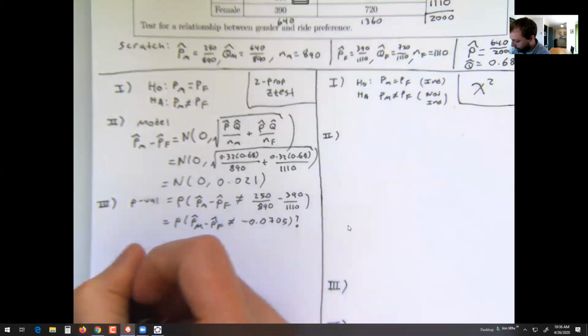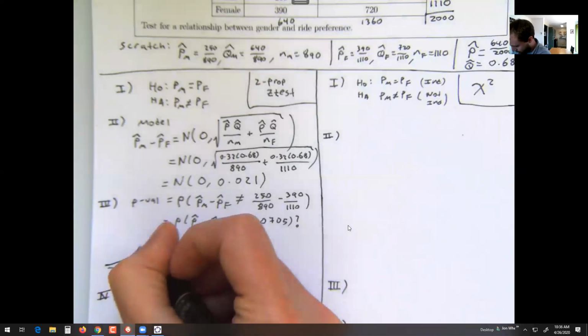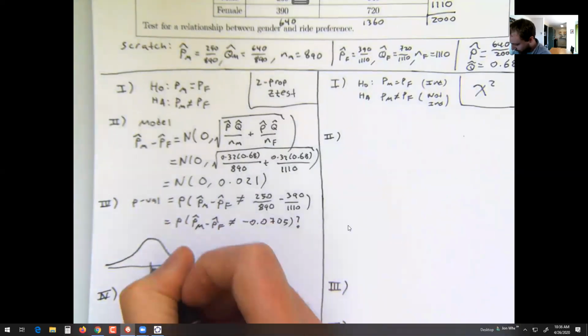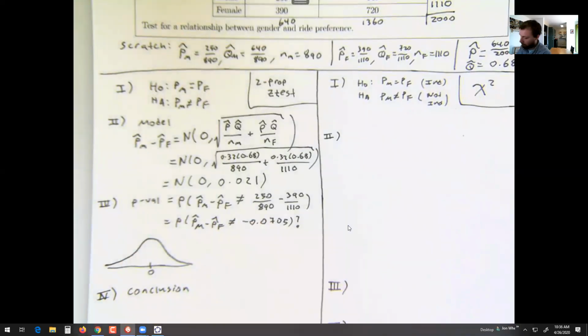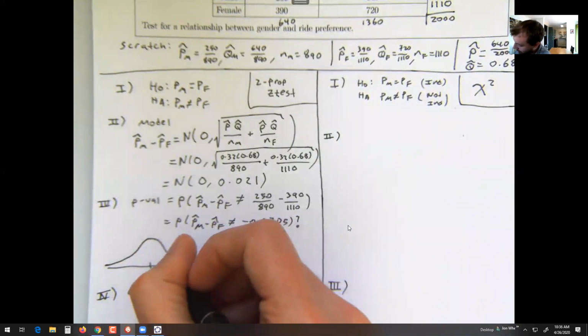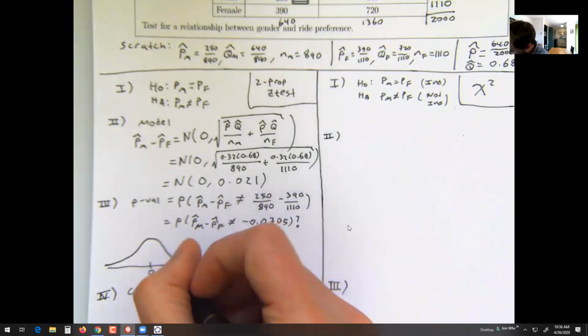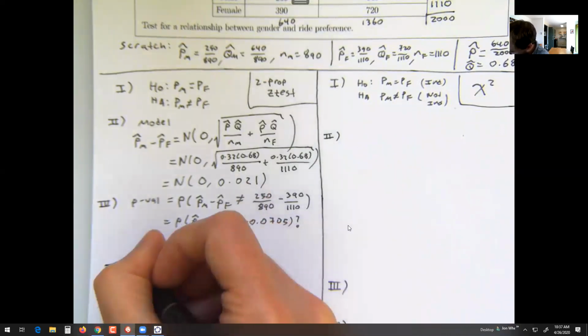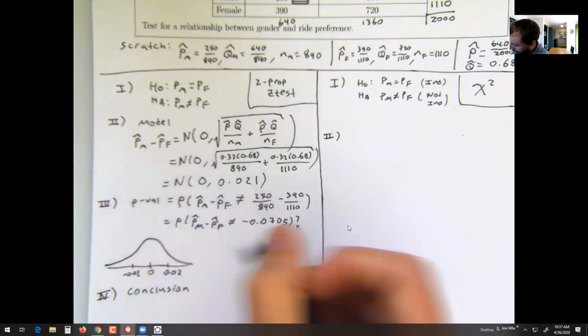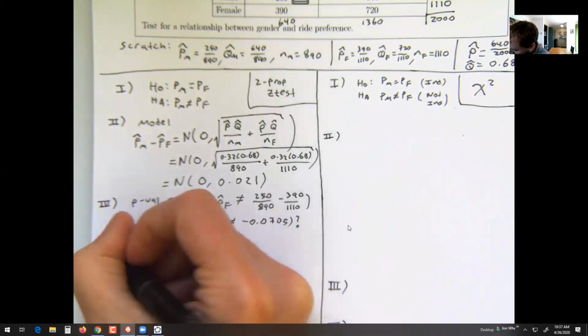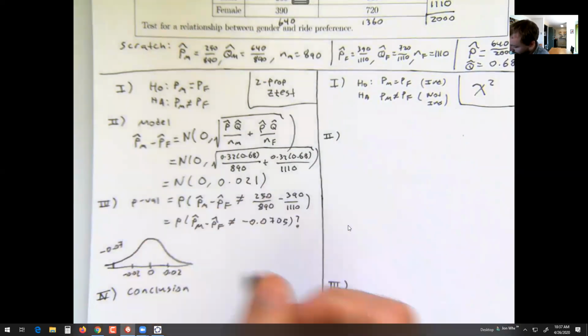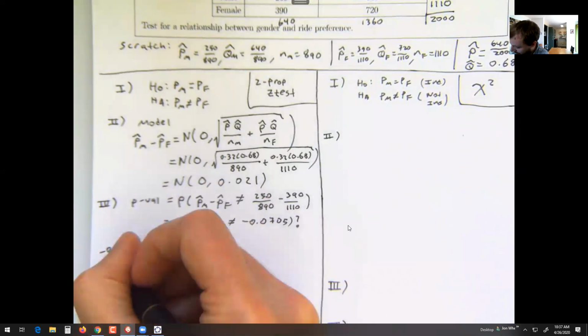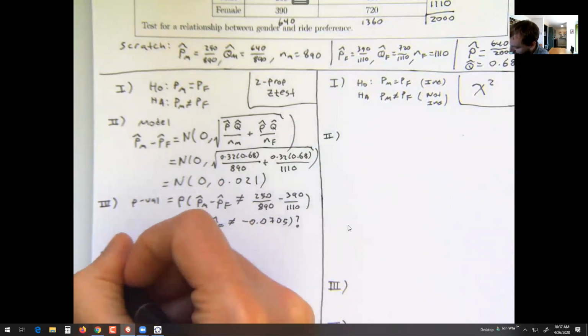So on my curve, I have zero in the center, and I am counting by 0.02 or so. I had a difference of negative 0.0705, and I want that or more extreme.